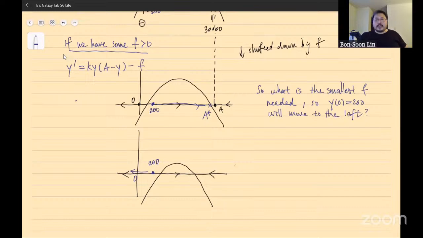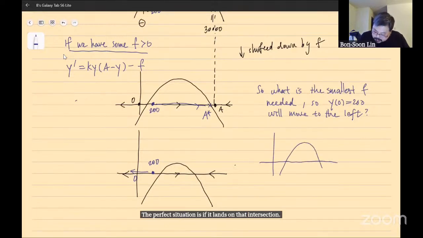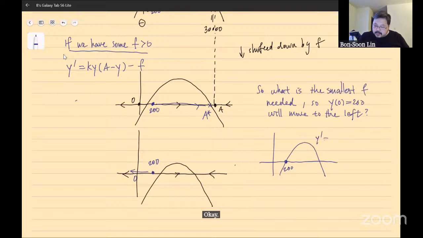Now that's a geometry question, right? The perfect situation is if it lands on that intersection, like this. Okay, so this is what we need to solve.